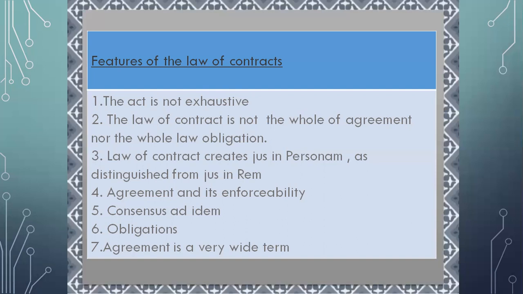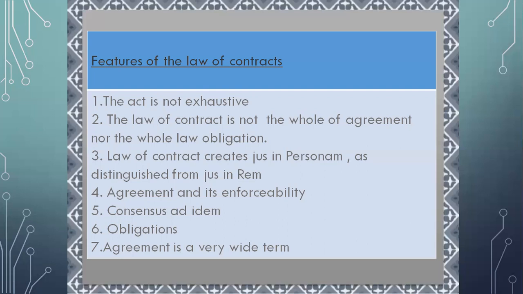Seventh, agreement is a very wide term. An agreement may be a social agreement or a legal agreement. If A invites B to a dinner and B accepts the invitation, what has happened? It is a social agreement, right? We studied this.